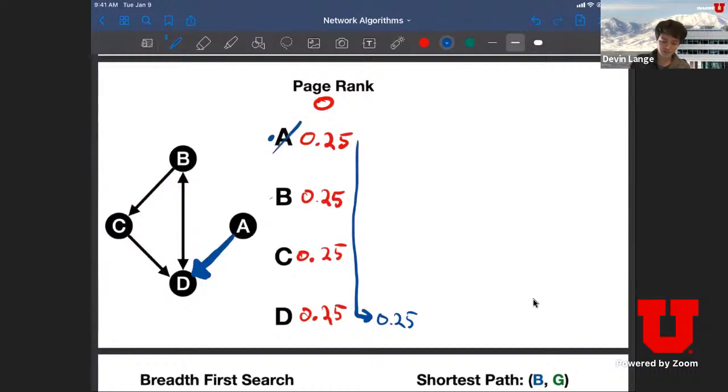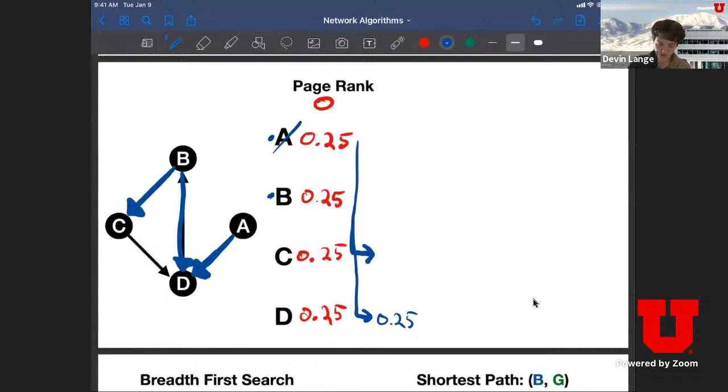So if we move on to B, it's a similar situation, except you need to notice here that B has two outgoing edges. So B will point to C and D. So therefore, assuming everything's random, we're going to split up the current portion of 0.25 between these two.